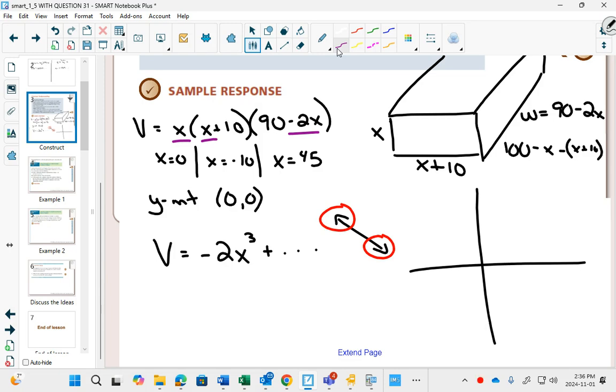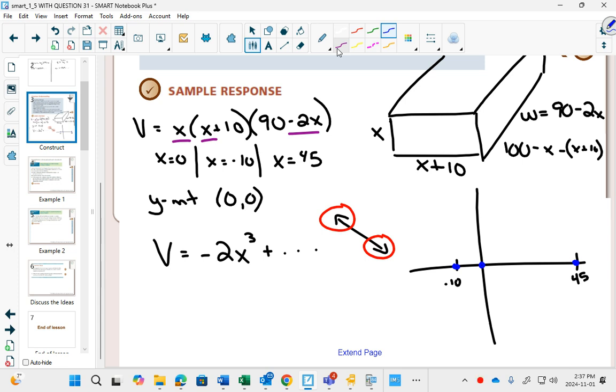Now when I'm going to draw this graph, because one of my x-intercepts is 45, I'm not going to do little tick marks until I get to 45, because that would take a long time. I'm just going to say I like this to be 45. Would you agree that based on that, maybe here would be negative 10? Does that look approximately to scale? And we have x-intercepts at 45, at 0, and at negative 10.